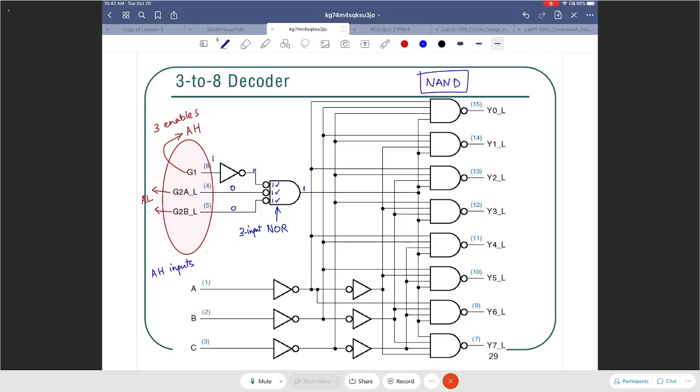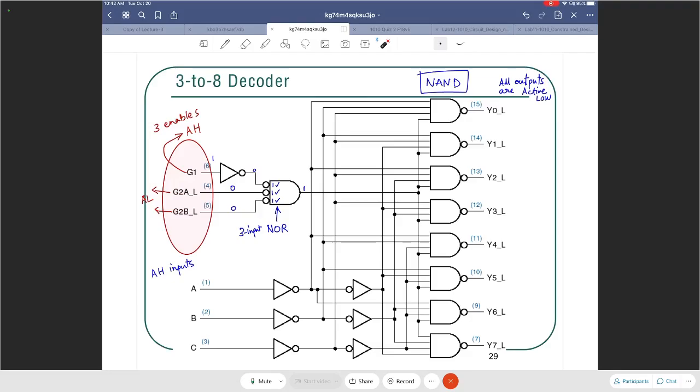Active high or active low? Active low. All outputs are active low because of the naming scheme underscore L, right? And also the fact that we used a bubble at the output here, that's what converted our min terms to max terms. We talked about that in the context of the 2 to 4 decoder in the earlier lecture.